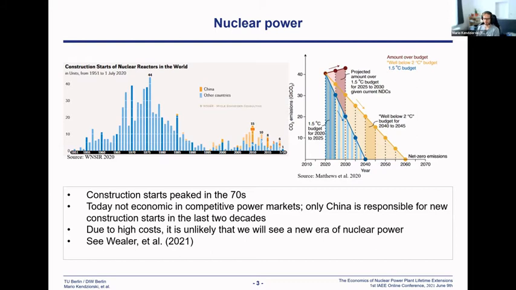And if we look at the top right graph, which shows our remaining budget to stay within the 1.5 degree target, we see that we need to take action now, and it's quite important that we decarbonize our system in the next 20 years and not in the next 30 to 40 years. So there's an urgent need to start decarbonizing now.